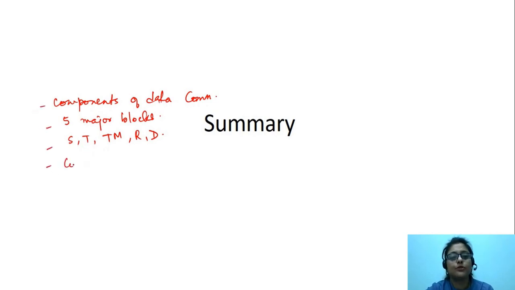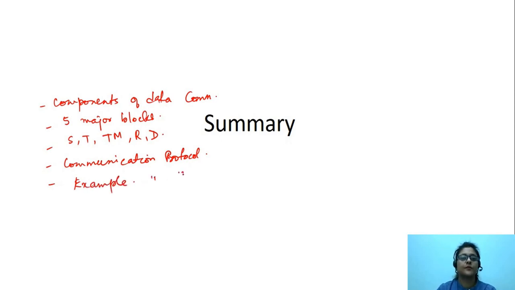Lastly, we have looked into the communication protocol, the meaning of communication protocol, the various elements of communication protocol, and we have looked into some of the example communication protocols. Thank you.